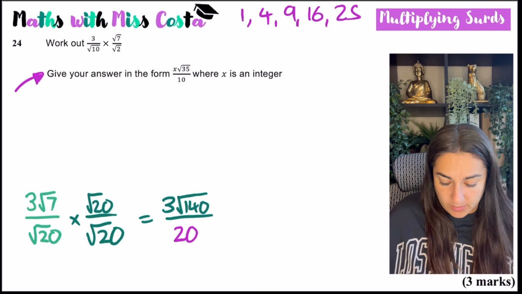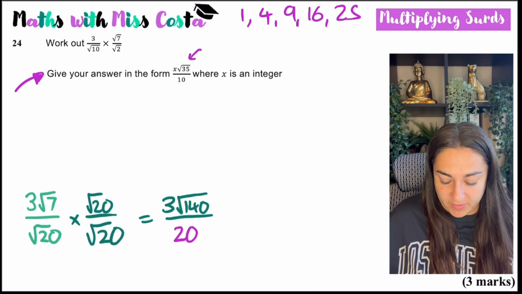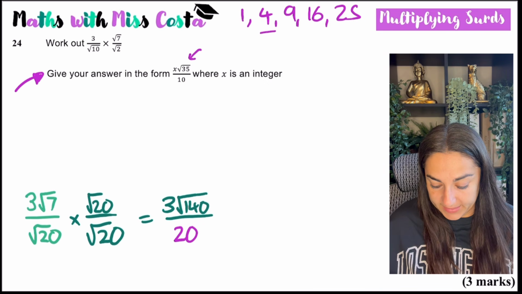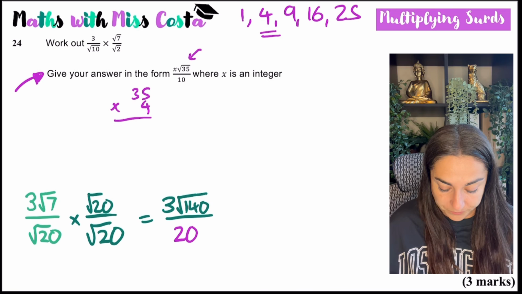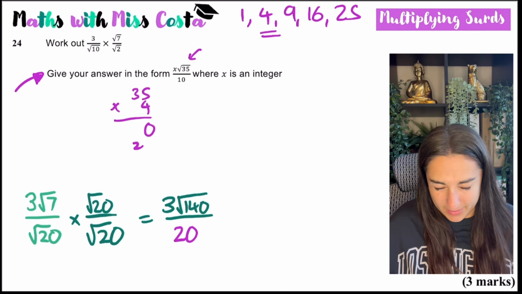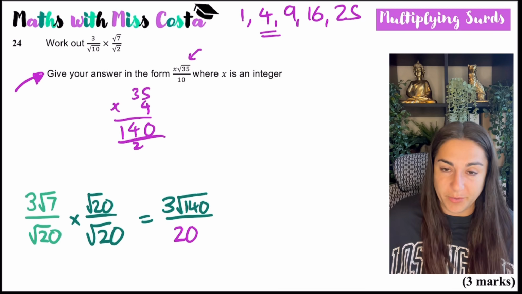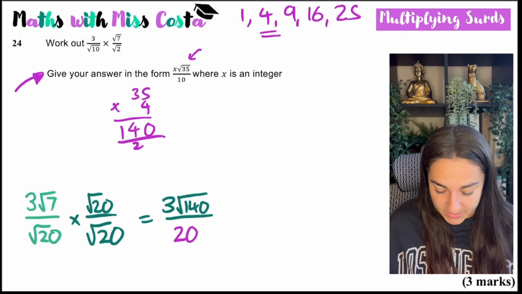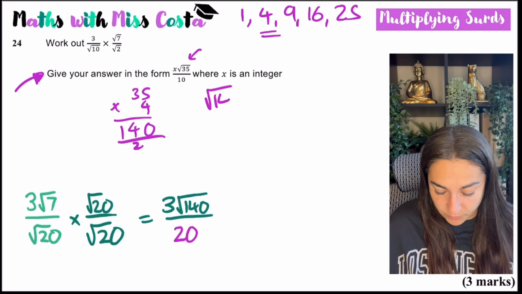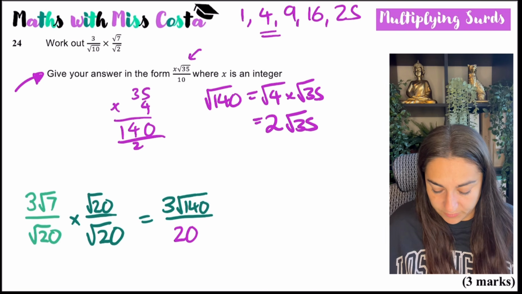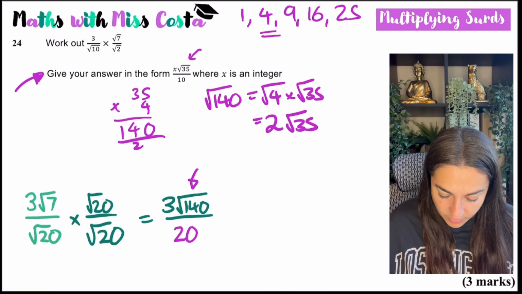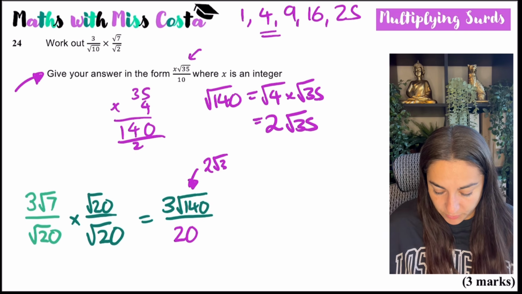Well, given that they've given me the clue that there's 35 over here, I could try saying maybe 35 times 4. 5 times 4 is 20, 3 times 4 is 12, plus the 2 would be 140. So lo and behold, I found a nice number. If I had root 140, that's the same as saying root 4 times root 35, which is 2 root 35. So root 140 is the same as 2 root 35.